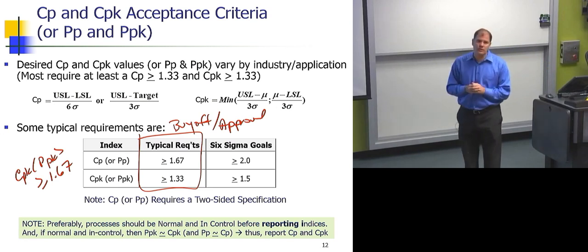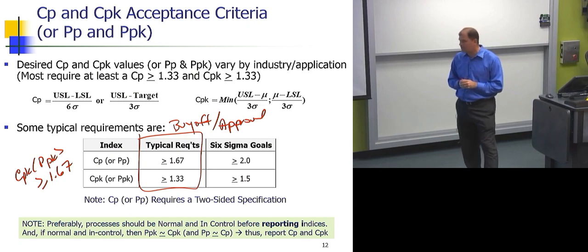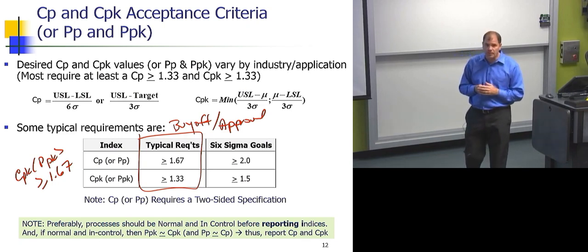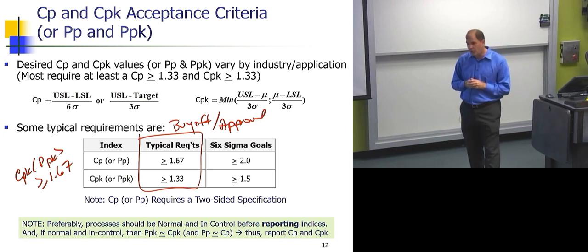These are standard guidelines. If you want to be at a Six Sigma level, the 3.4 per million, you would express these as you want a CP to be greater than or equal to 2, and you want a CPK to be greater than or equal to 1.5.